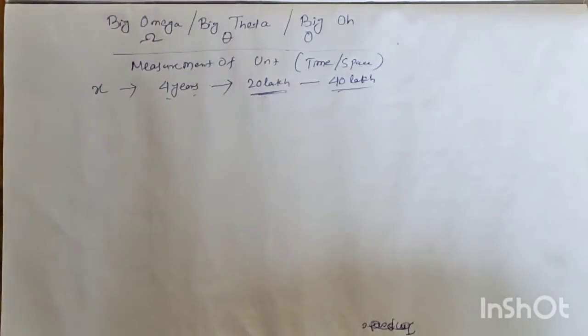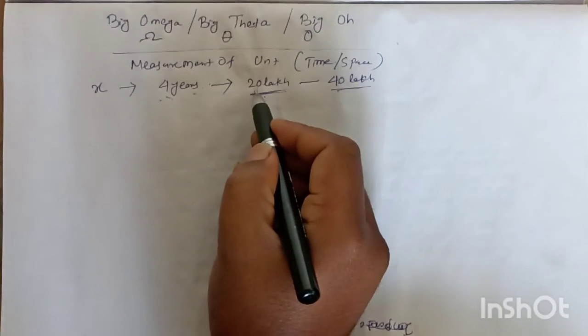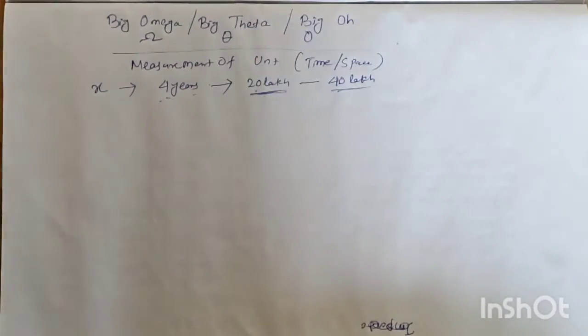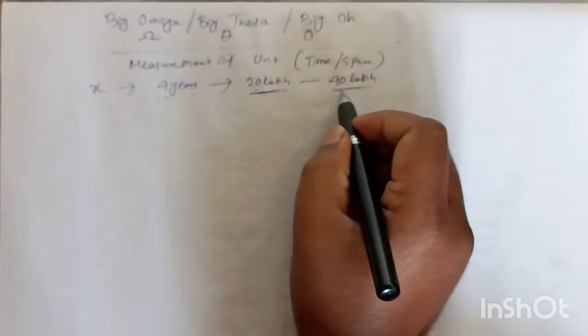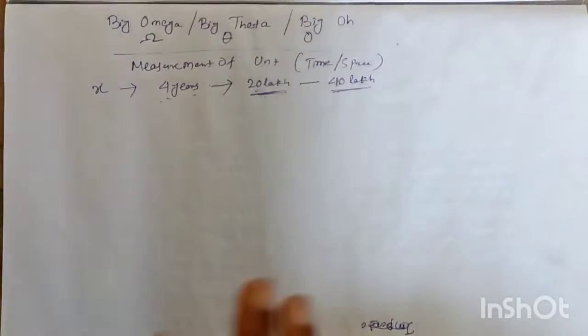It's just an example. In that case, what is the best shot for the company? To get the candidate of 4 years with 20 lakh, because we can say it's cost saving for them. And at the worst case, they need to spend 40 lakh for the candidate.